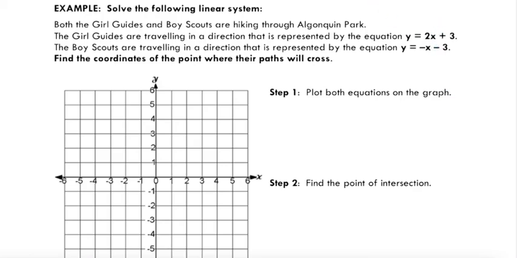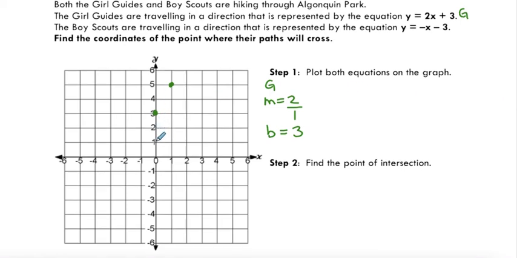So we're going to start by plotting both the Girl Guides and the Boy Scouts. I'm going to label this one G for Girl Guides. For my Girl Guides, my slope is 2, or 2 over 1, and my y-intercept is 3. I'm going to go ahead and plot my y-intercept first, and from that y-intercept, I'm going to go up 2 and to the right 1, and I'm going to do some on the left-hand side as well.